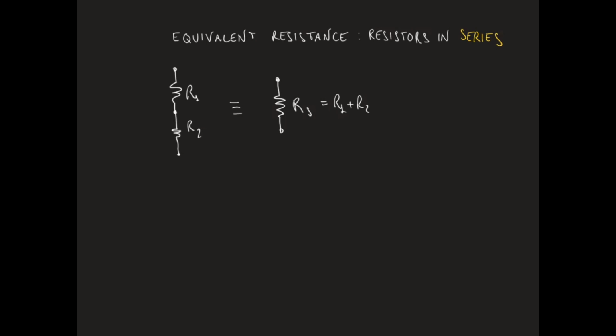This result can be extended to any number of resistors in series, R1, ..., Rn, and in this case, the equivalent resistor will have a resistance Rs equal to the sum for i going from 1 to n of R sub i.